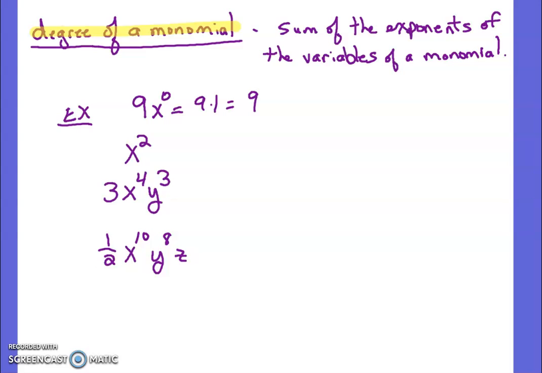So this right here is a degree of 0. So anytime I give you just a plain number, 8 or 7 or 13 or whatever it is, it has a degree of 0. Again, the sum of the exponents, so the only exponent of the variable here is a 2, so this is degree 2.